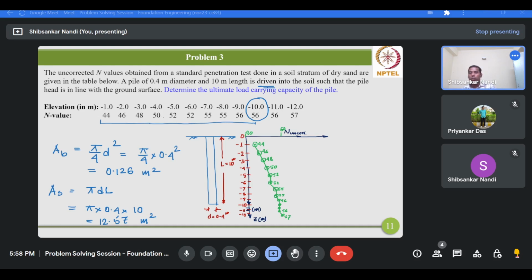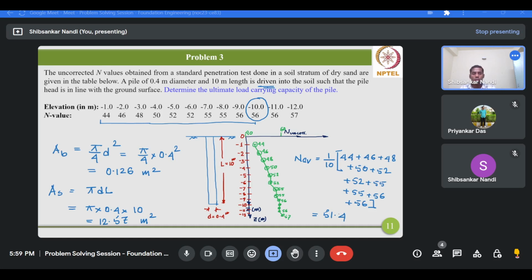So n average will be 1 by 10, since there are 10 data points: 44 plus 46 plus 48 plus 50 plus 52 plus 52 plus 55 plus 55 plus 56 plus 56.